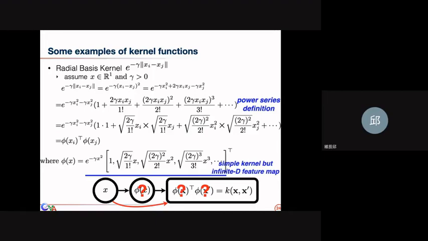This can be expanded into xi squared, minus 2 times xi times xj, plus xj squared, and you also multiply it with minus gamma. So this ends up with this term.